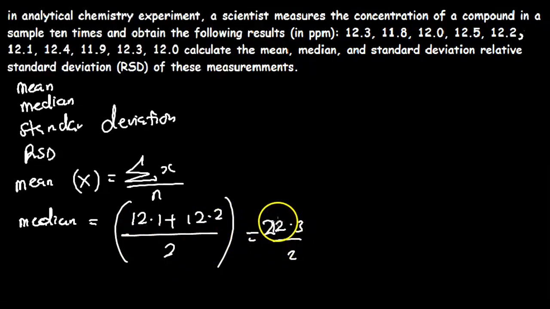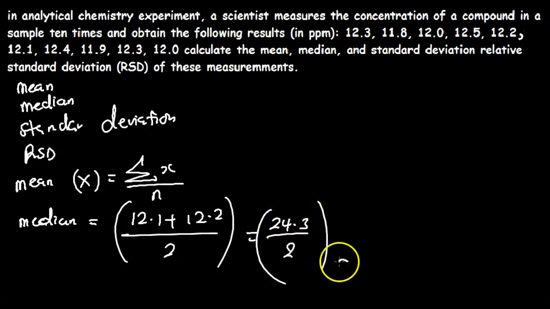This is simply going to be 24.3 divided by 2. If you punch this in on your calculator, the median is going to be 12.15 ppm.